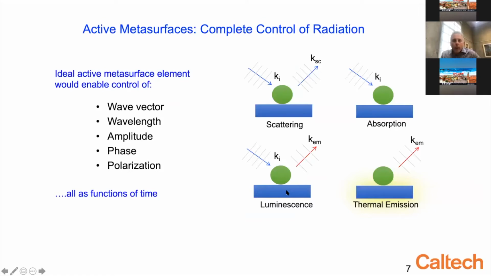So if you buy into that notion, then essentially that implies that active metasurfaces have the capability in principle for complete control of the constitutive properties of light, of radiation, where we could control the wave vector, the wavelength, the amplitude, the phase, and the polarization of light, either scattered light, which is what we're normally thinking about, but also we could design the elements on the planar array to be luminescent or to be thermally emitting or simply to be absorbing as ways to transform the transmitted and reflected beams, and to do this all as a function of time.